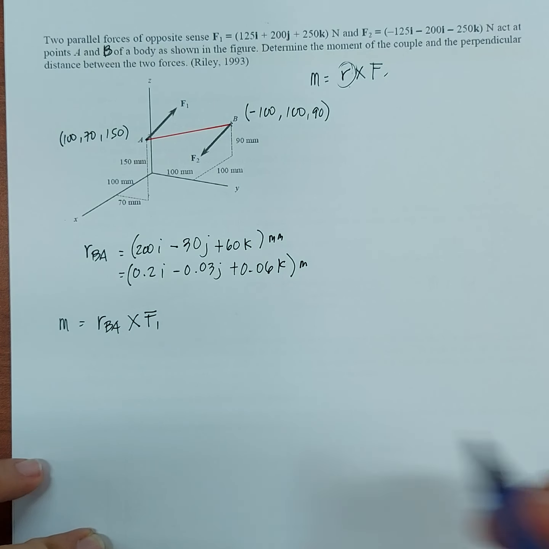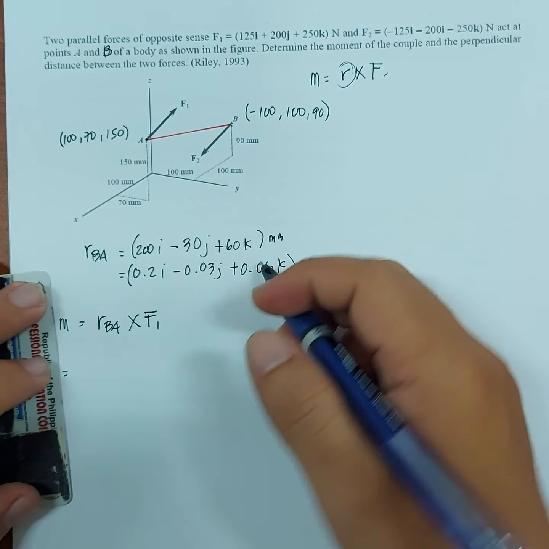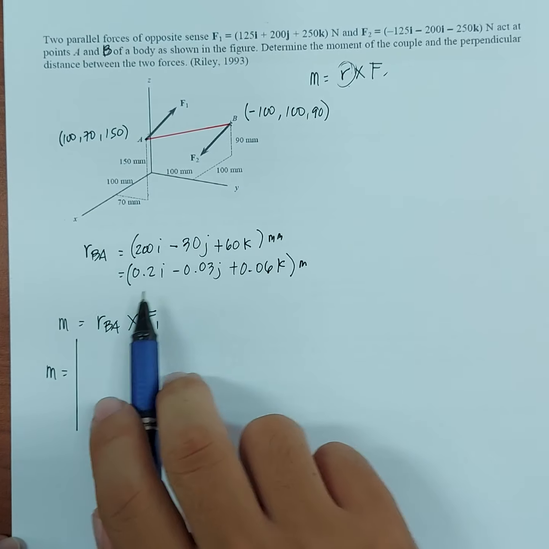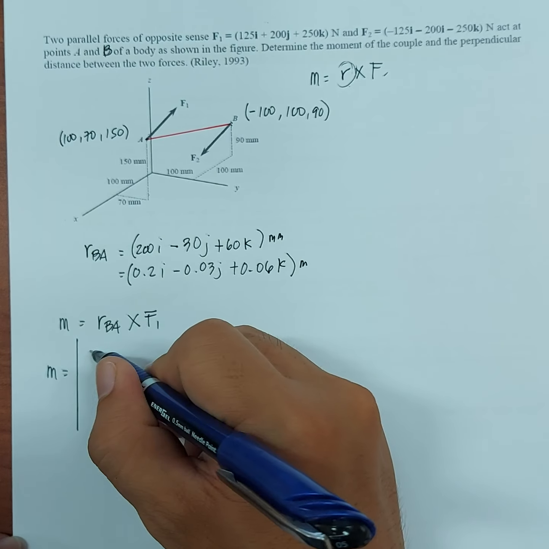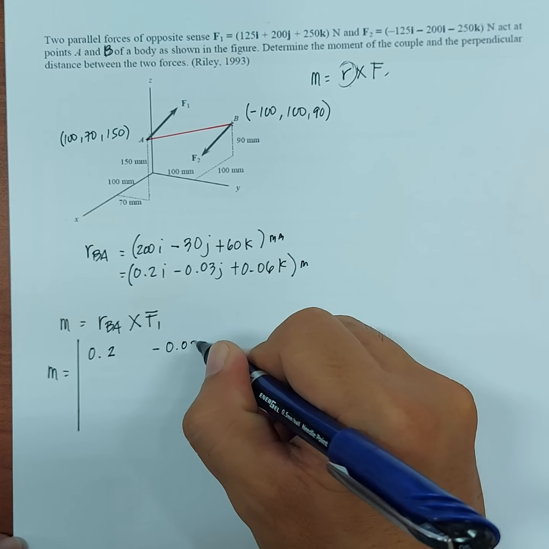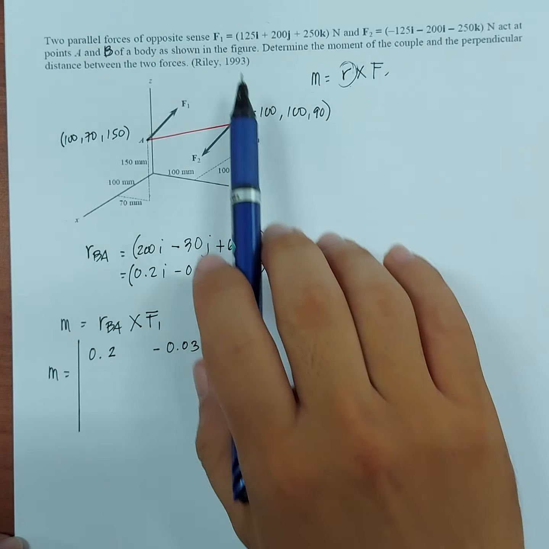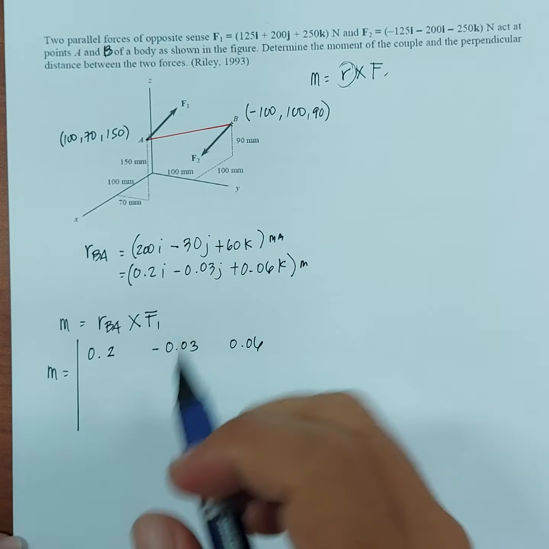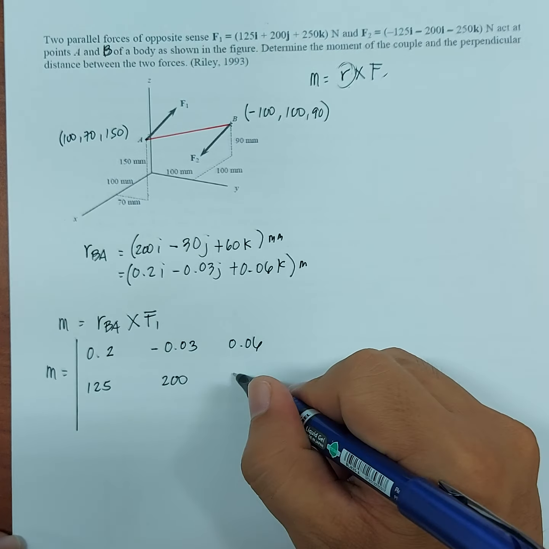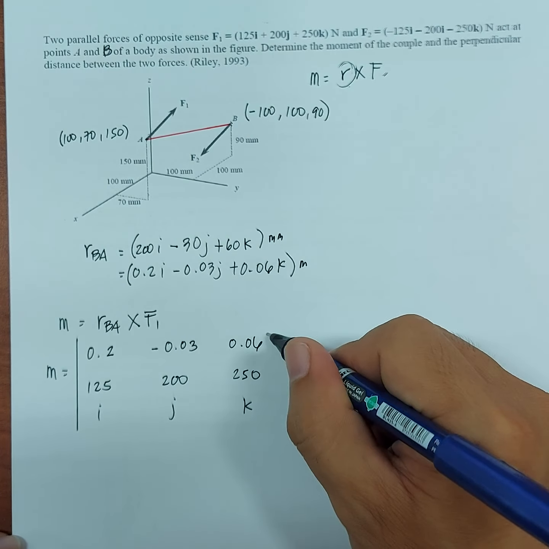So, cross product. So, M is equal to the determinant of determinant. So, we have, so yung coefficients ng ating position vectors, we have 0.2, negative 0.03, then 0.06, and then yung ating F1, 125, 200, 250, and our directions I J K. Okay.